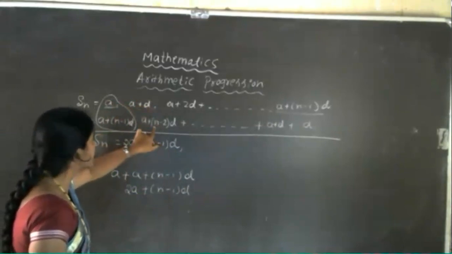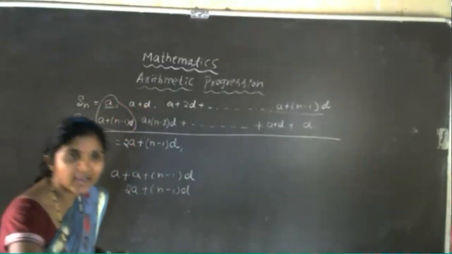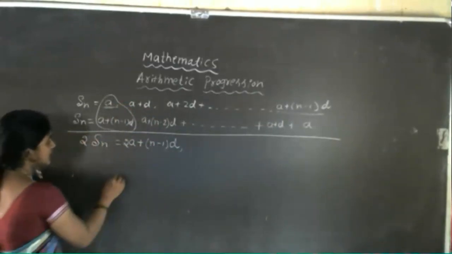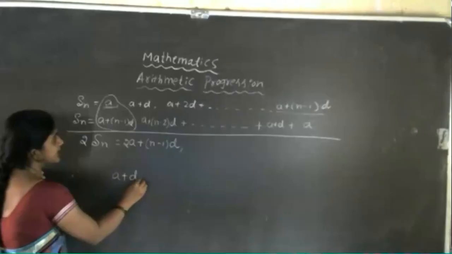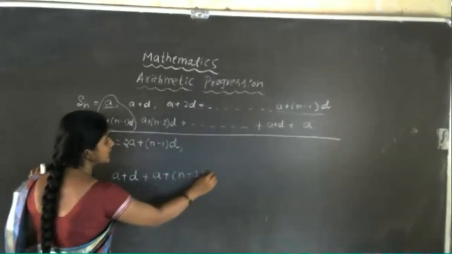A plus D plus A plus n minus 2 into D. When we add that also, we'll get the same expression, that is A plus D plus A plus n minus 2 into D.